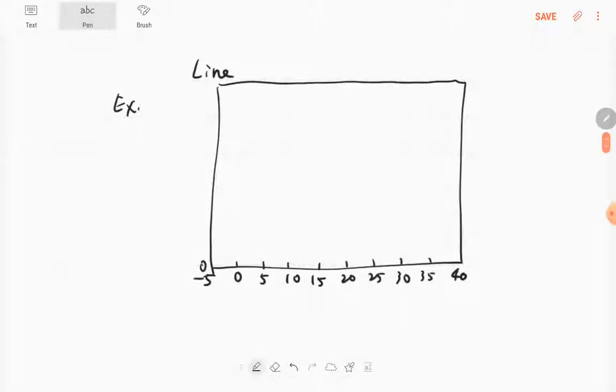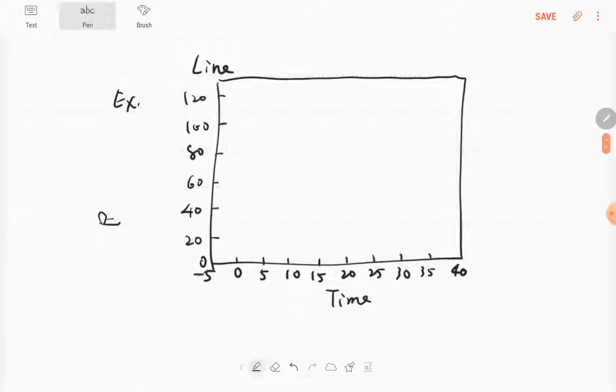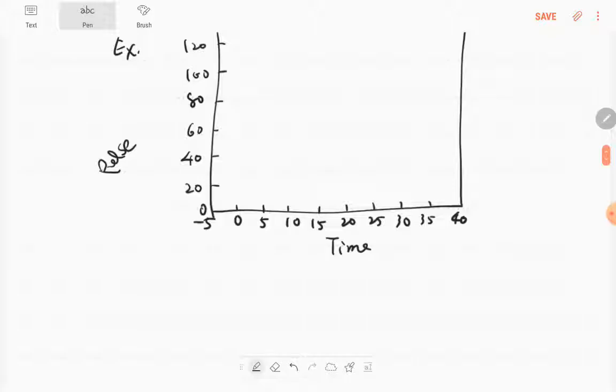And we also have some values for the vertical line. For example, we have this one. The horizontal line is the time, and the vertical line tells us the pulse rate. Okay, so this graph shows us the relationship between smoking and the pulse rate.